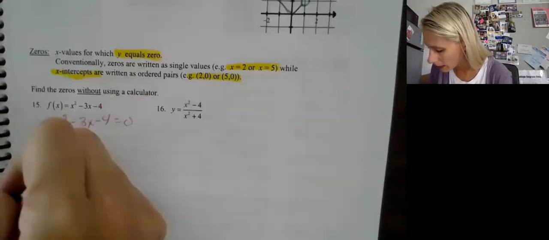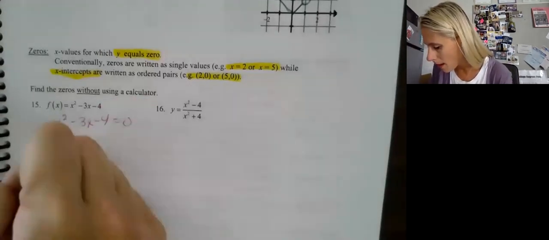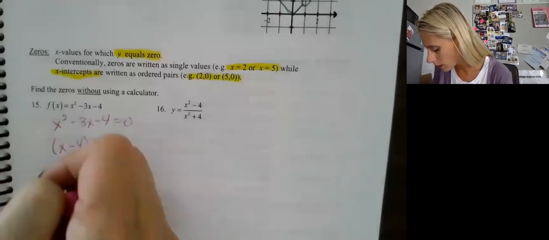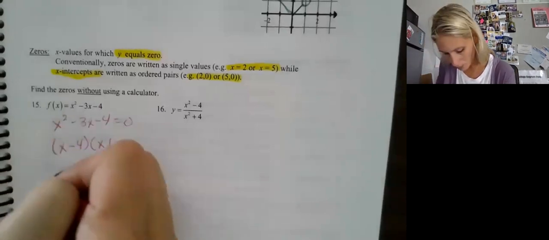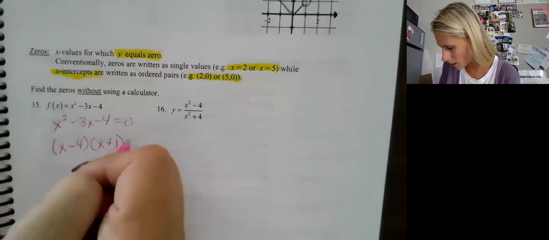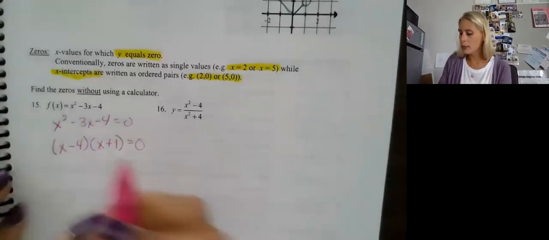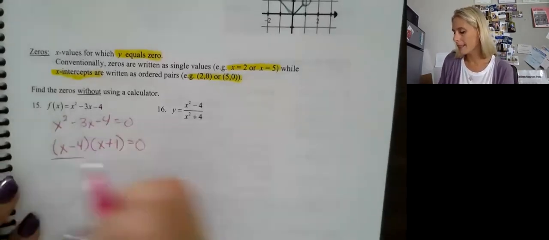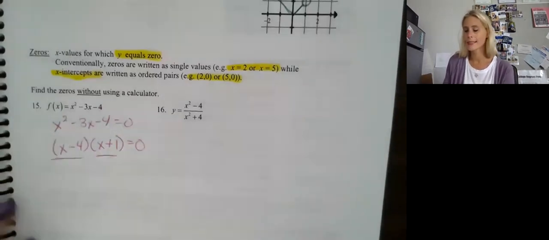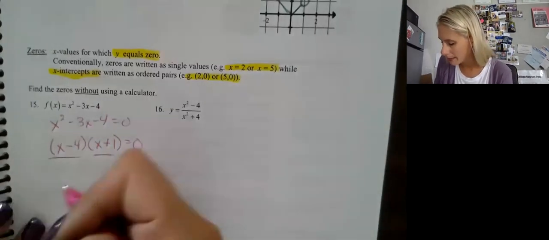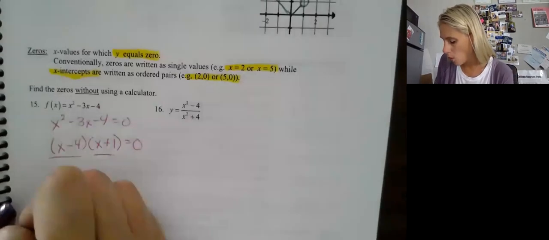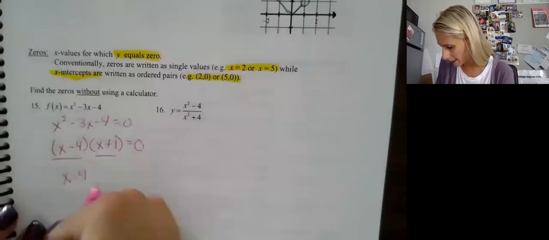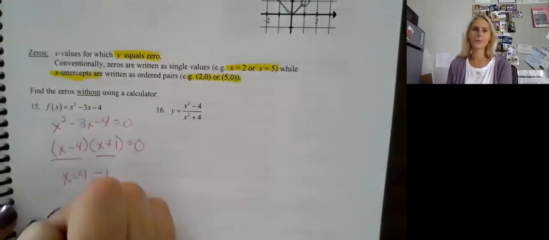So I know it's going to be (x minus 4) times (x plus 1). And so each of these parts, what makes that 0? So that means x equals 4 and x equals -1.